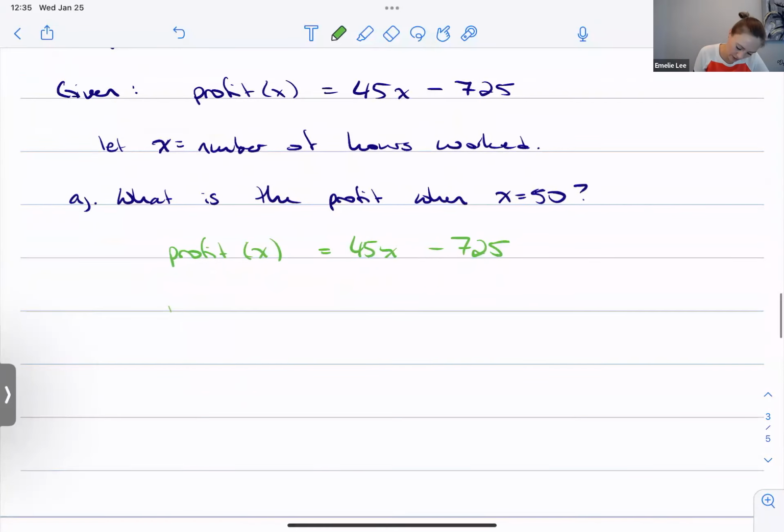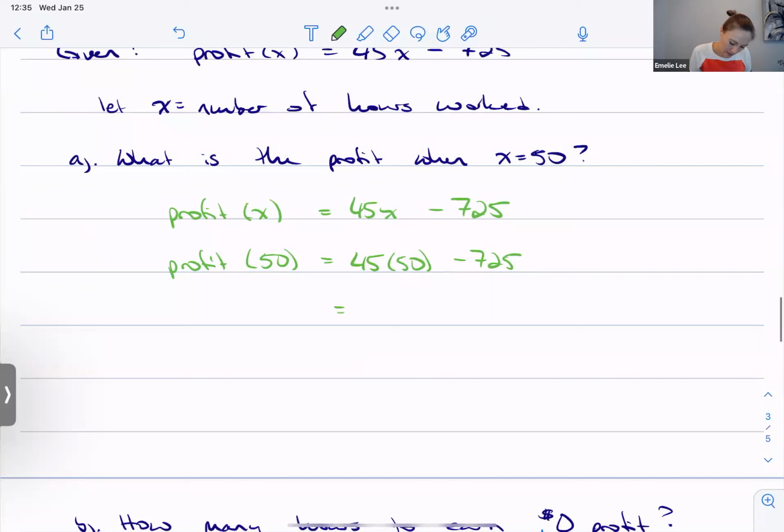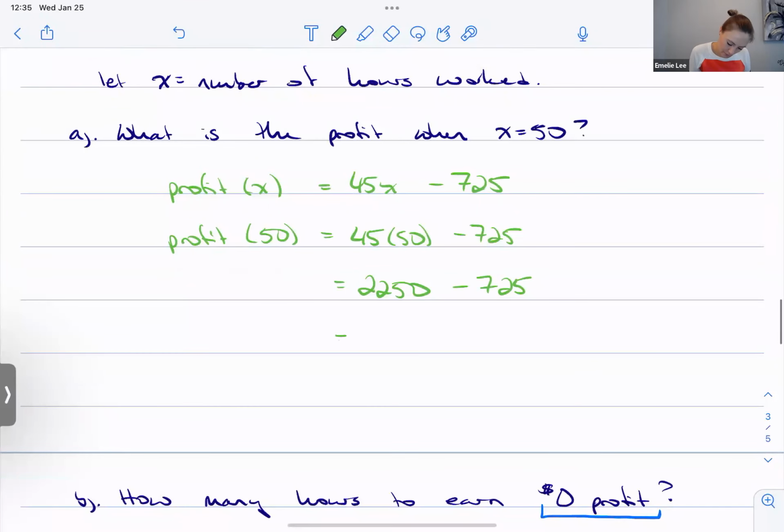So I want to find the profit when X is 50. So I'm going to solve for the profit at X equals 50. So then I've got 45 times 50 minus 725. 45 times 50 is 2250. Then minus 725 puts me at 1525.